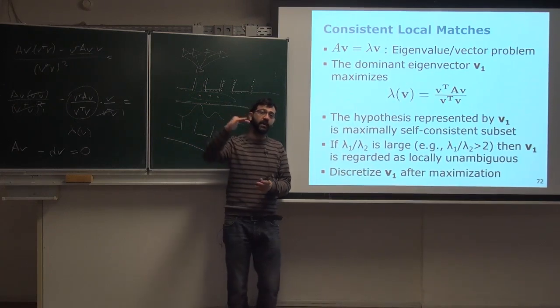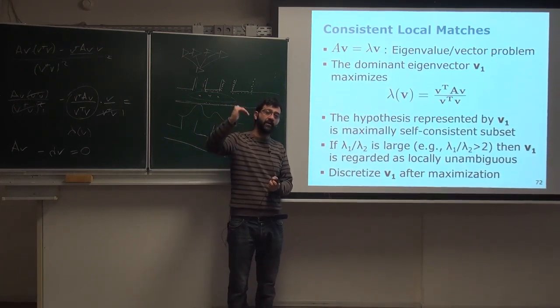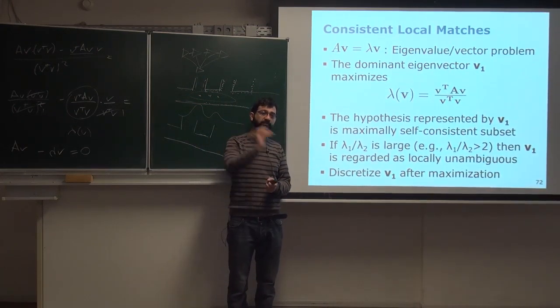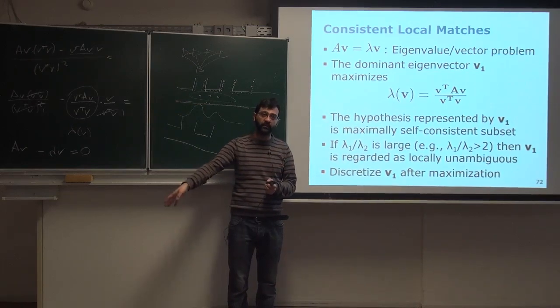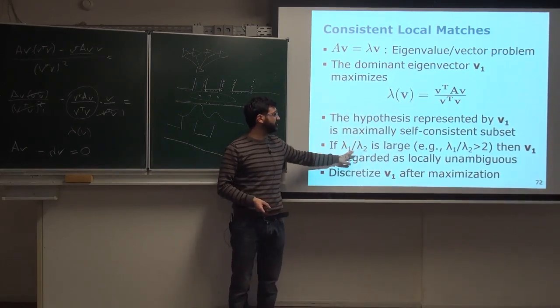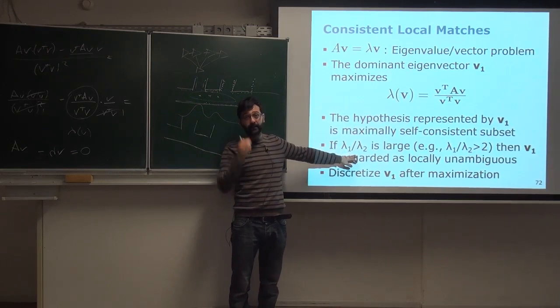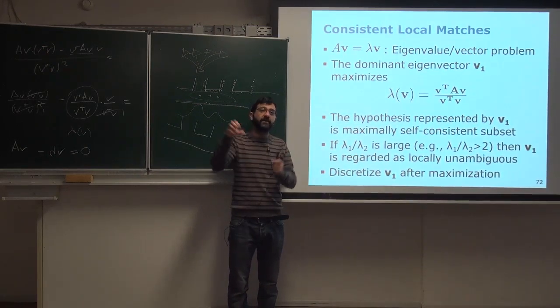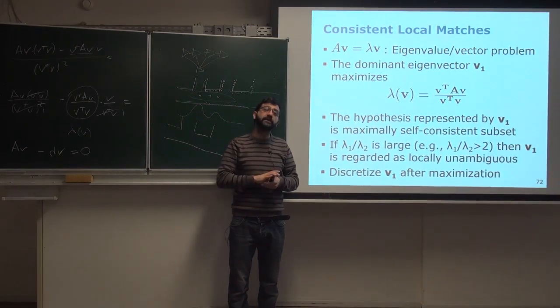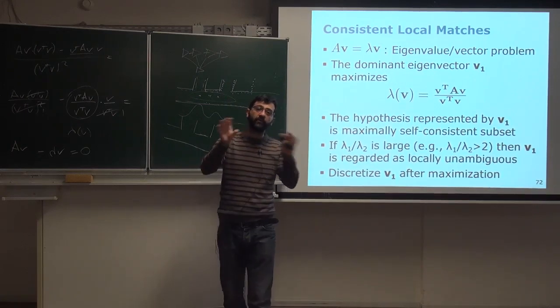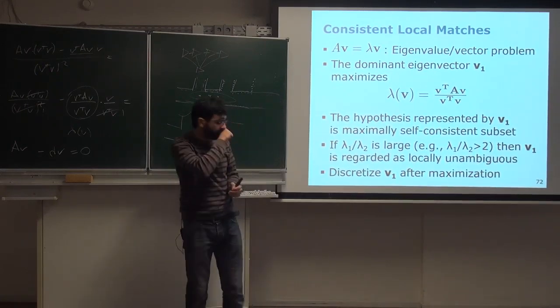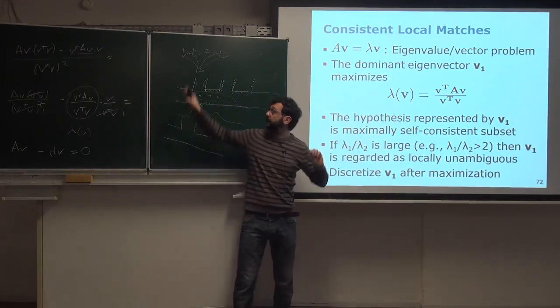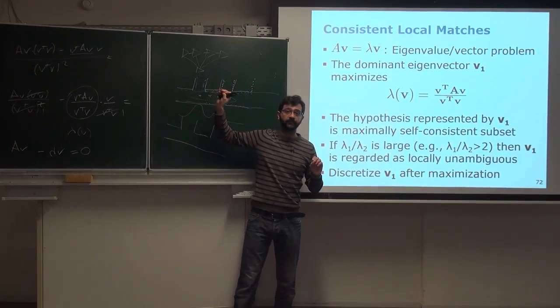If this is quite high, way above 1, then we are sure that the first hypothesis is way better than the second one. And if this is close to 1, then we know that there is some picket fencing problem, some local ambiguity around this area here.